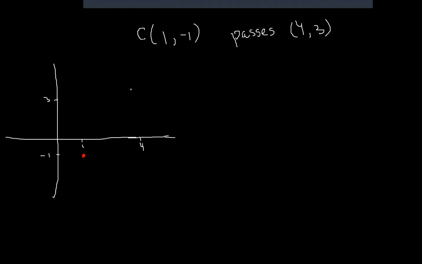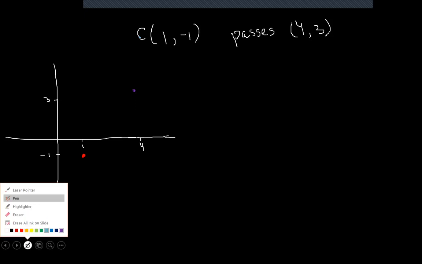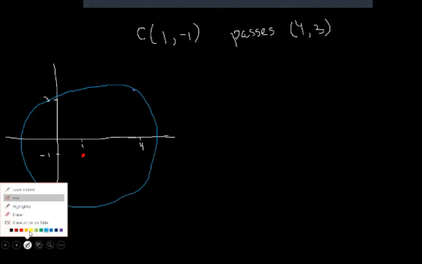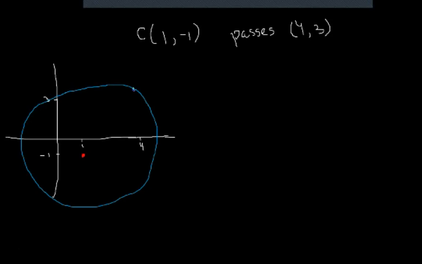So I'll put that point in purple. And now I could draw my circle. They told me that the circle passes through this purple point, so I could connect them. And we know that this would be the radius. They asked me in part I to find the value of the radius.